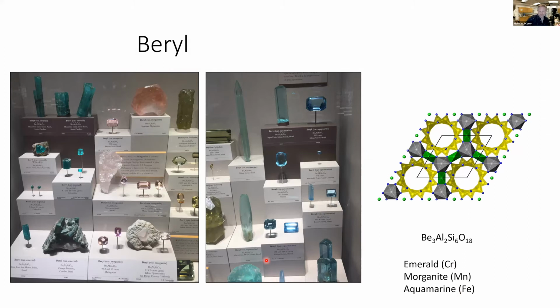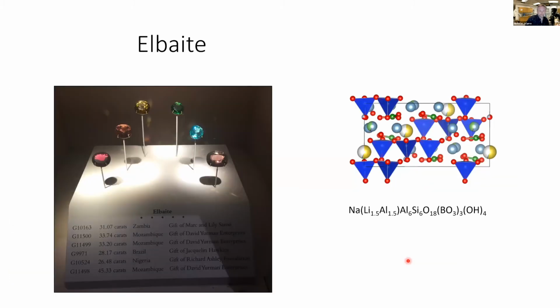So, you can go and buy these gemstones. They occur naturally in different parts of the world, and it just happens to depend on the local impurities that grow into those crystals. Here's yet another example.